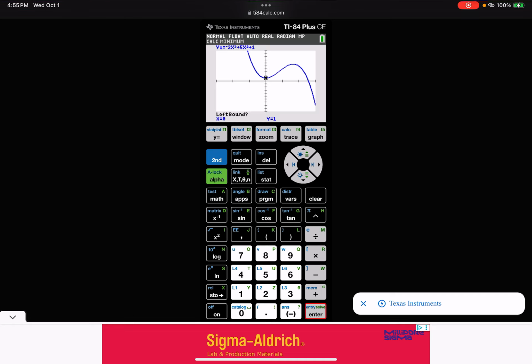This first dip here is going to be a local min. So we're going to move that little cursor a little bit to the left of it, hit enter, and then a little bit to the right, hit enter again. And it tells us that that y value is equal to 1.